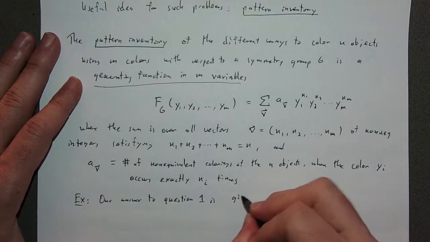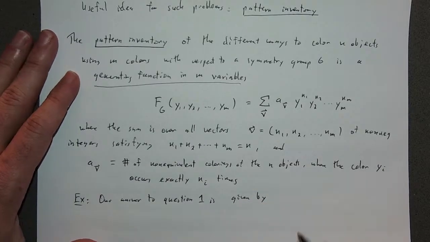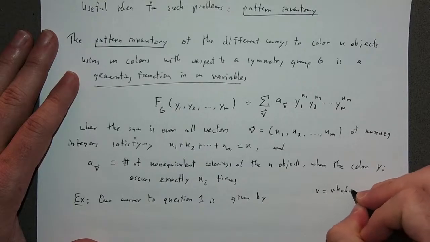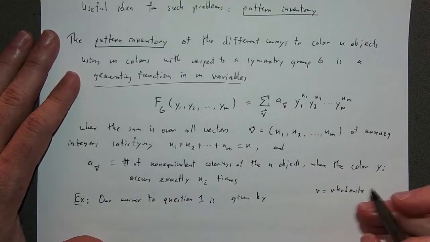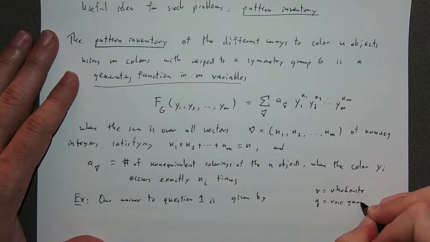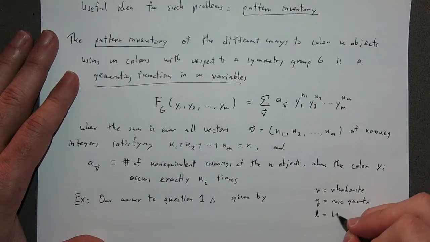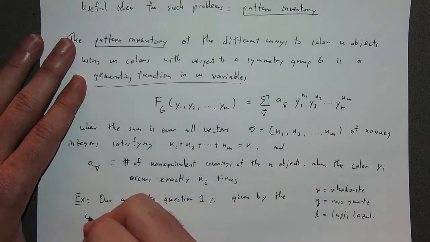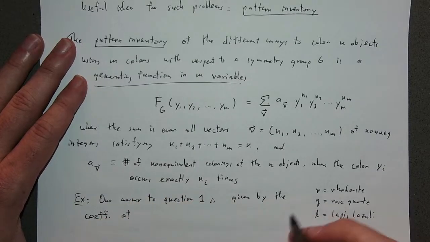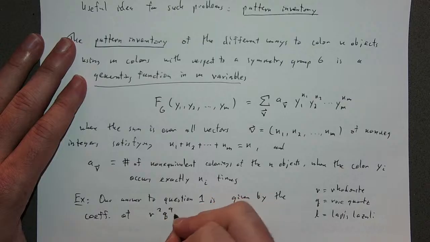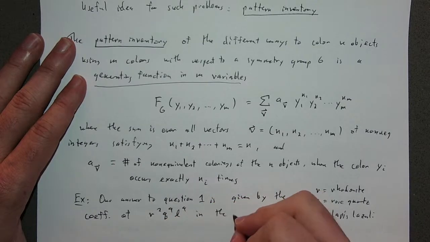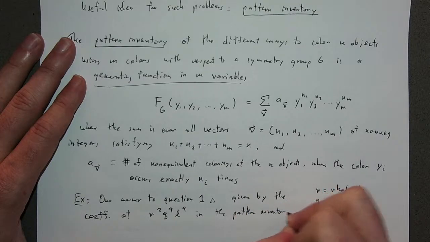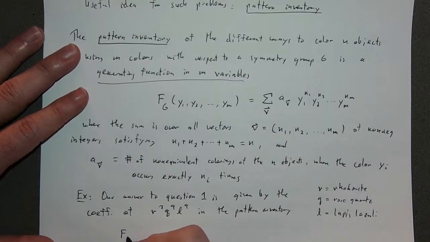So if we let a rhodonite bead be denoted by R, a rose quartz bead denoted by Q, and lapis lazuli denoted by L, our answer to question 1 is given by the coefficient of the term R squared Q to the 9th L to the 9th in the pattern inventory, which is F sub D20, because this is the dihedral group on 20 vertices.